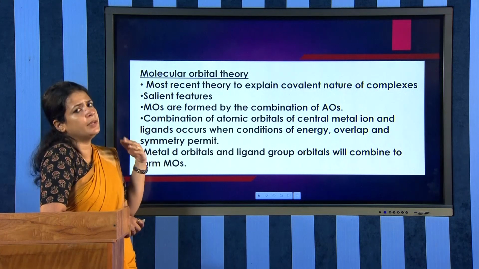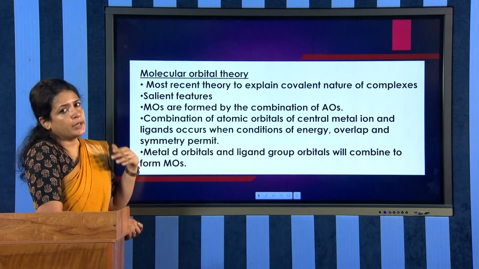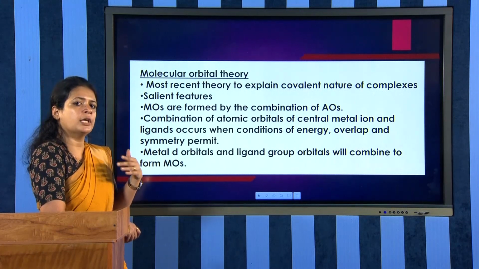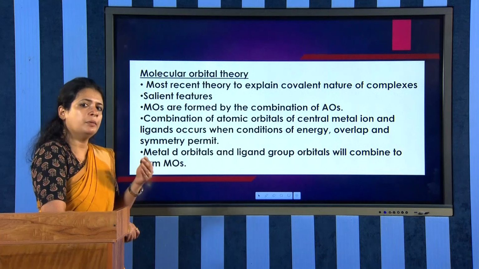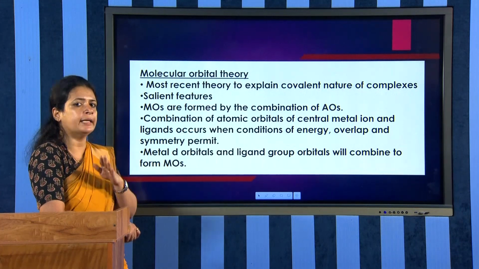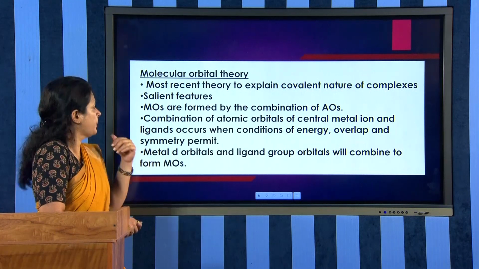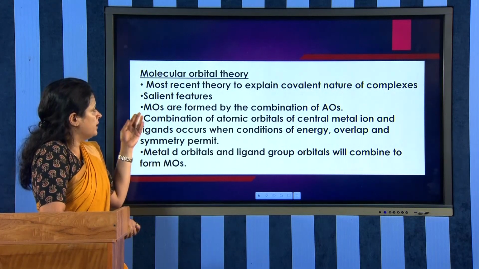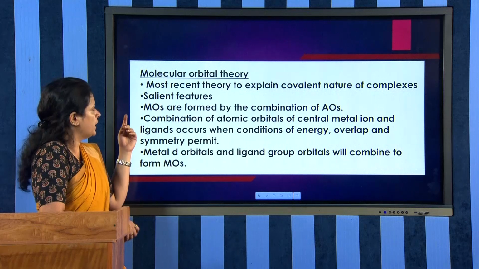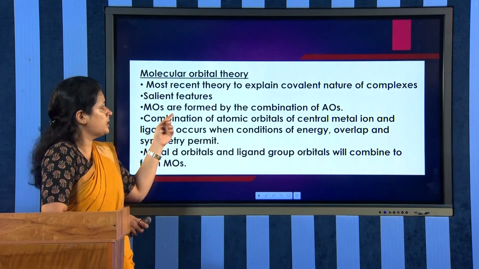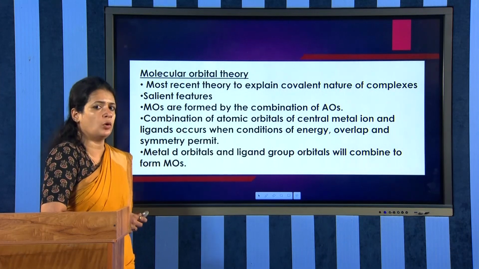And if we are discussing coordination compounds, we are considering the molecular orbitals which are formed by the metal and ligand. So, these are the salient features of MO theory. Number one, obviously, the molecular orbitals are formed by the combination of atomic orbitals.